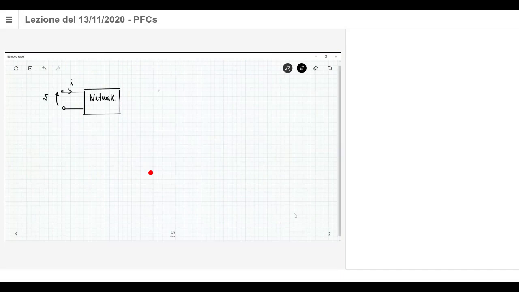V and I periodic functions, and the period is, let's say, T. I mentioned that one useful quantity that can be used to analyze the network is the power.